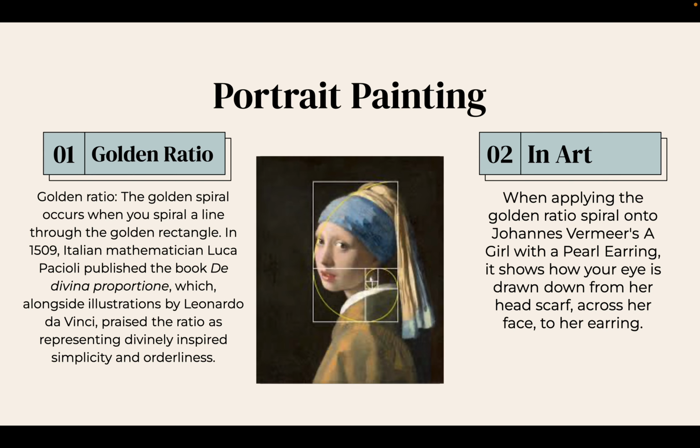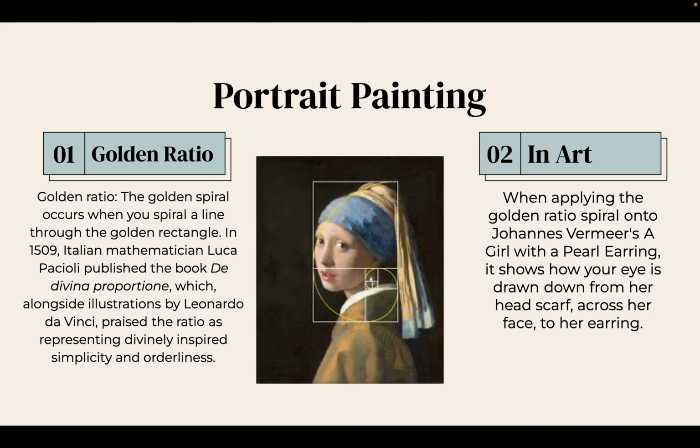And in 1509, Italian mathematician Luca Pacioli published the book De Divina Proportione, which, alongside illustrations from Leonardo da Vinci, praised the ratio as representing divinely inspired simplicity and orderliness.